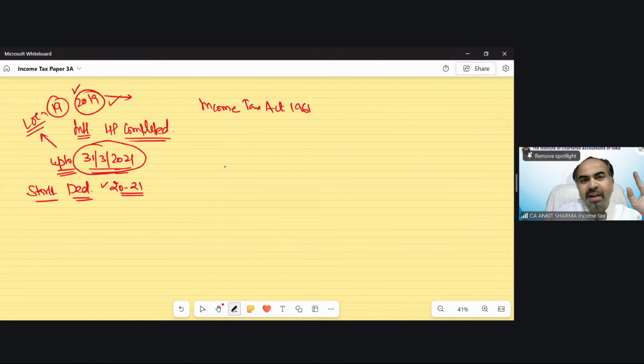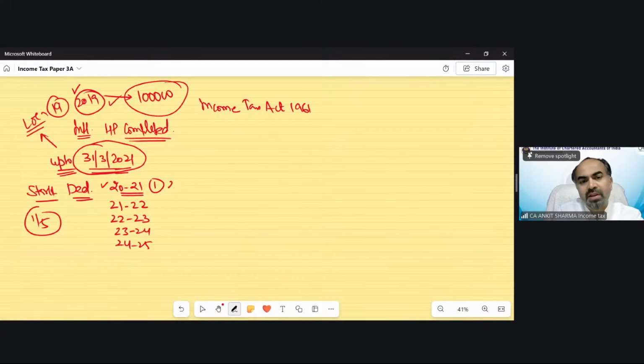So if the question says that property has been completed up to 31st March 21, you must have calculated your PPI interest, whatever it is, and you will start giving the deduction of PPI interest from the year 20-21. That would be the first year. Then 21-22, 22-23, 23-24, 24-25. So for 1/5 of pre-construction period interest deduction, suppose the pre-construction period interest we have calculated is 1 lakh rupees.